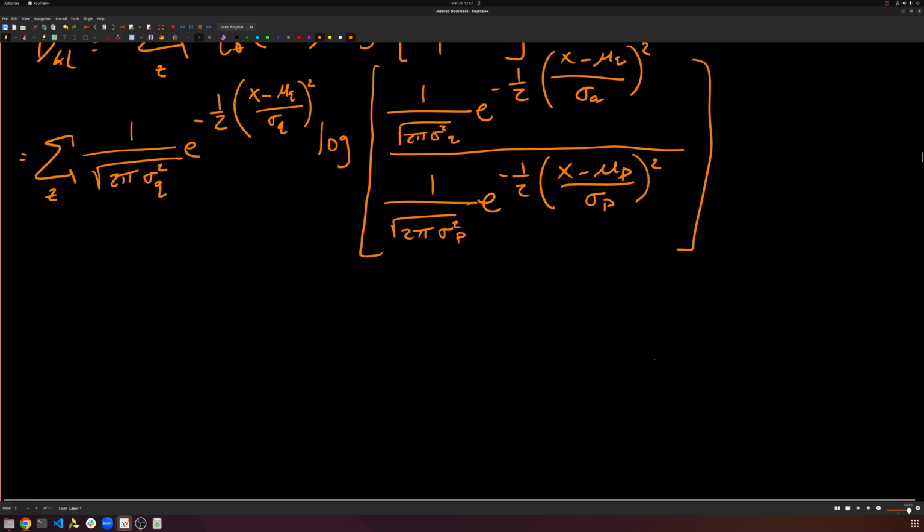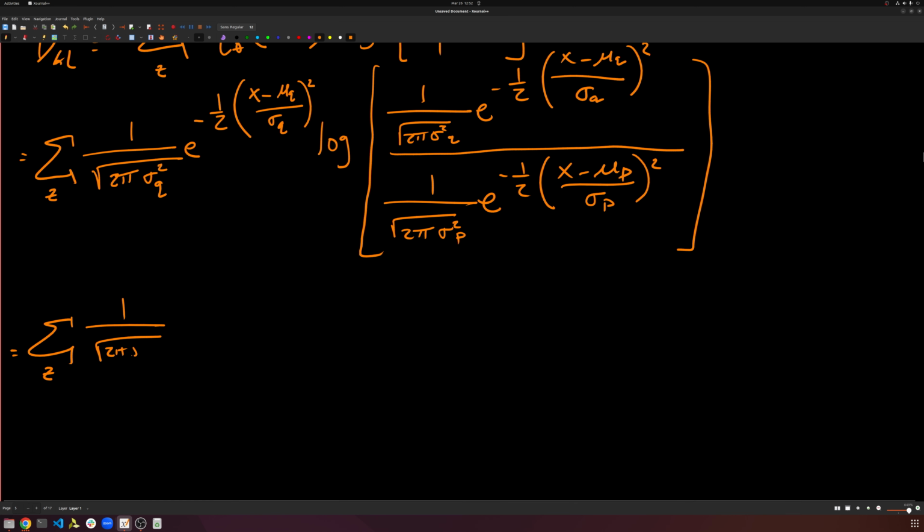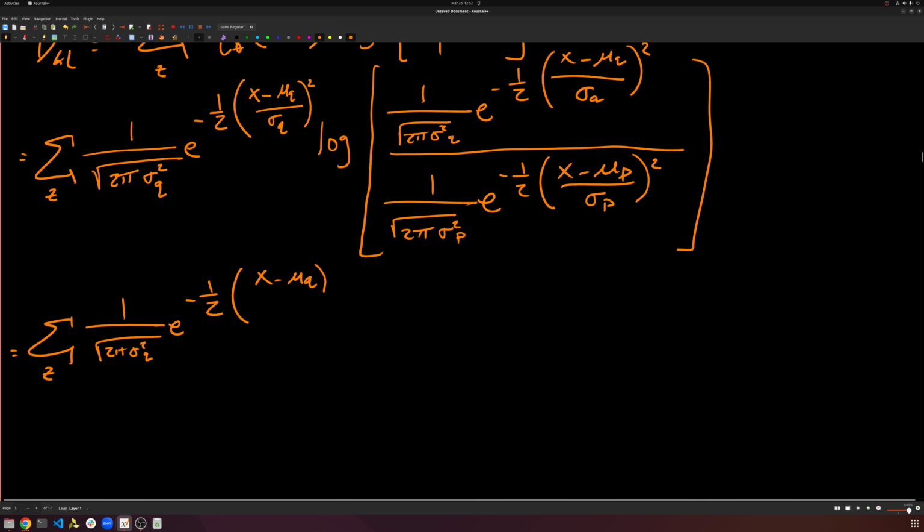So the first step, let's just simplify the stuff inside the log. This is again going to be the sum over z of 1 over square root 2 pi sigma squared q, e to the power negative 1/2. It's annoying to have to write this over and over again, but it's fine. You can go through the video faster.